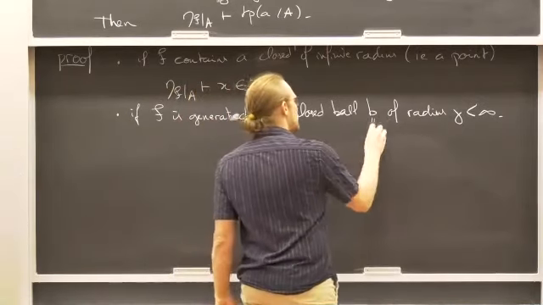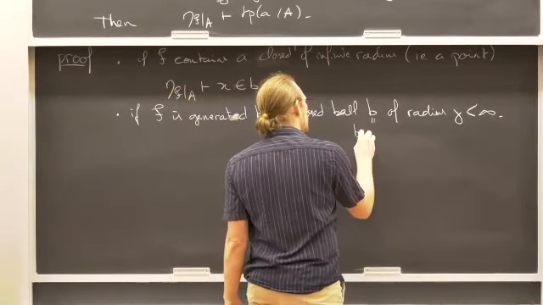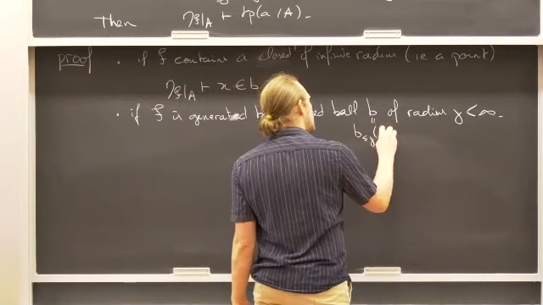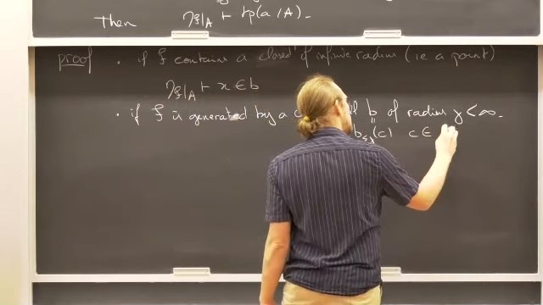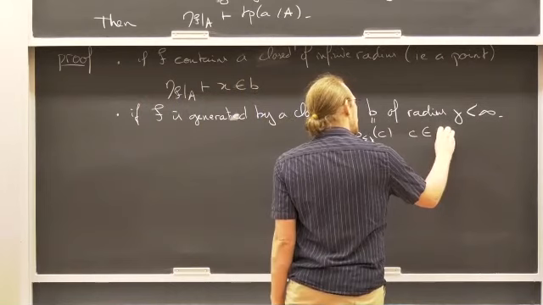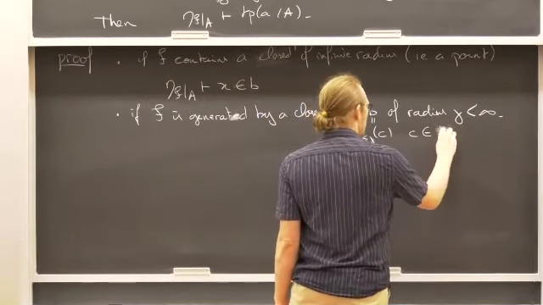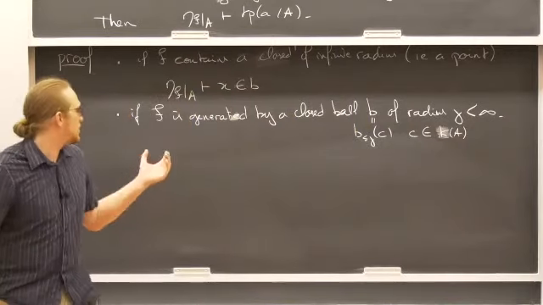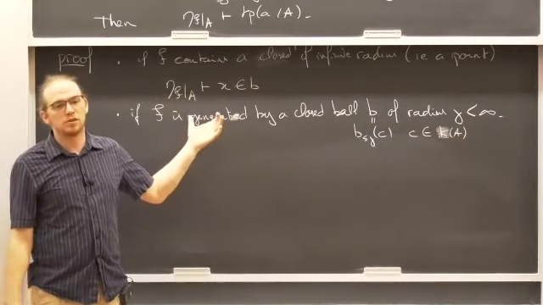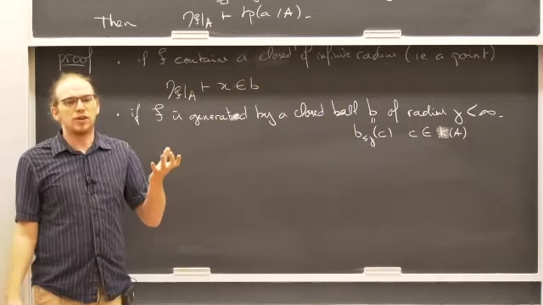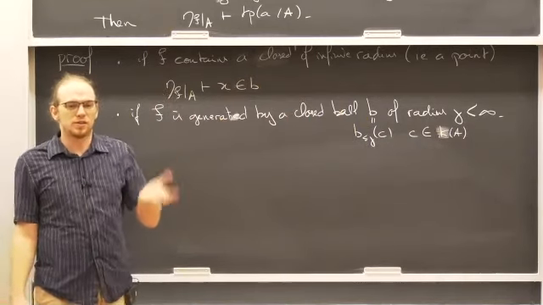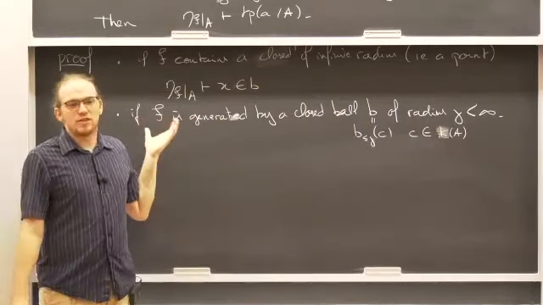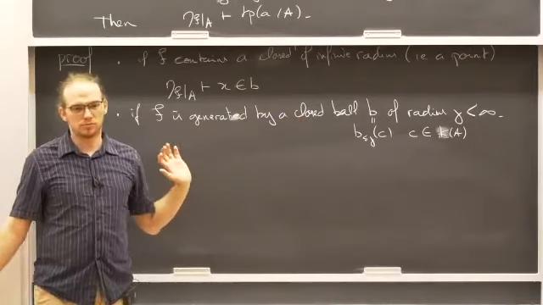So B, what is it? It's the ball of radius gamma centered at some c, where c is in A. What do you mean? It's a filter. So generated by means it's a principal filter generated by a single set. So F is just the set that contains that given closed ball. Okay.